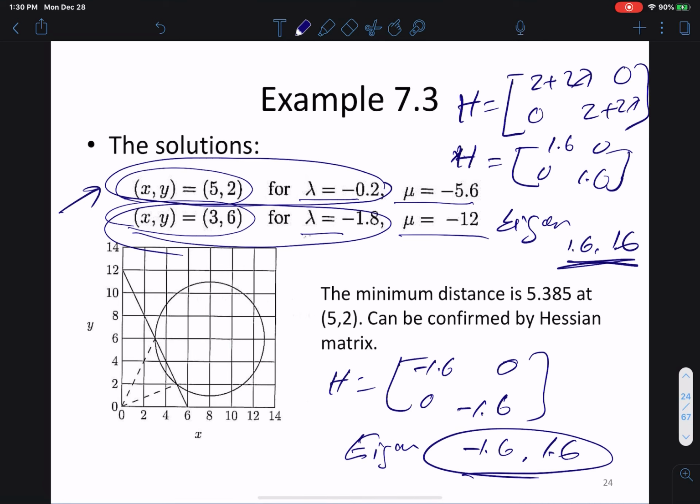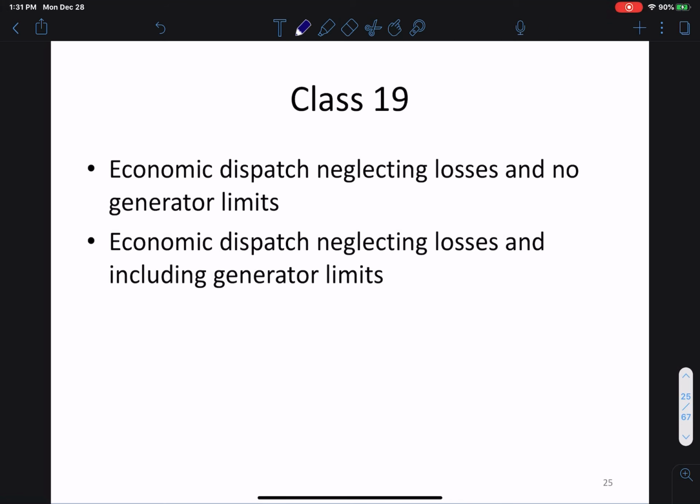That means the minimum point is this one. And you can see right here, that's the minimum distance, which is basically meeting both conditions. That's why you find the solution for the equality and inequality constraint problem. All right, I'm going to talk about lesson 19 in the next video.